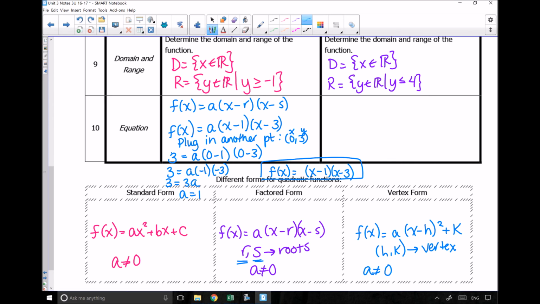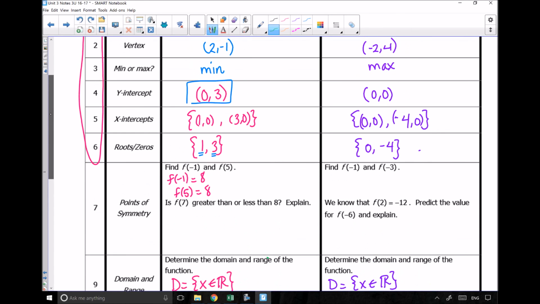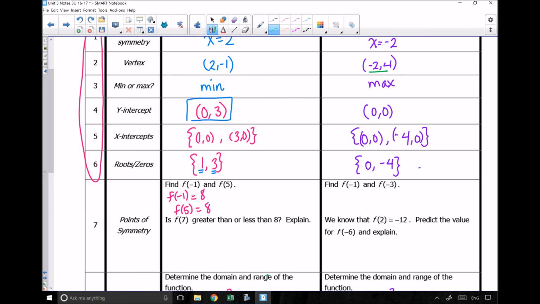Okay, all right, so now what about if I had, I want to do vertex form for this guy right here. So vertex form is f of x is equal to a times x minus h squared plus k. And here I know that my vertex is negative 2, 4.